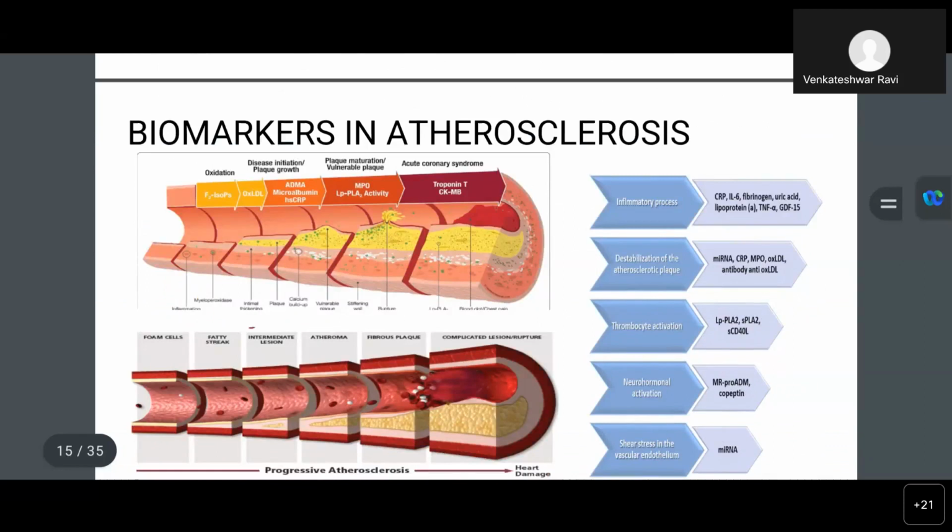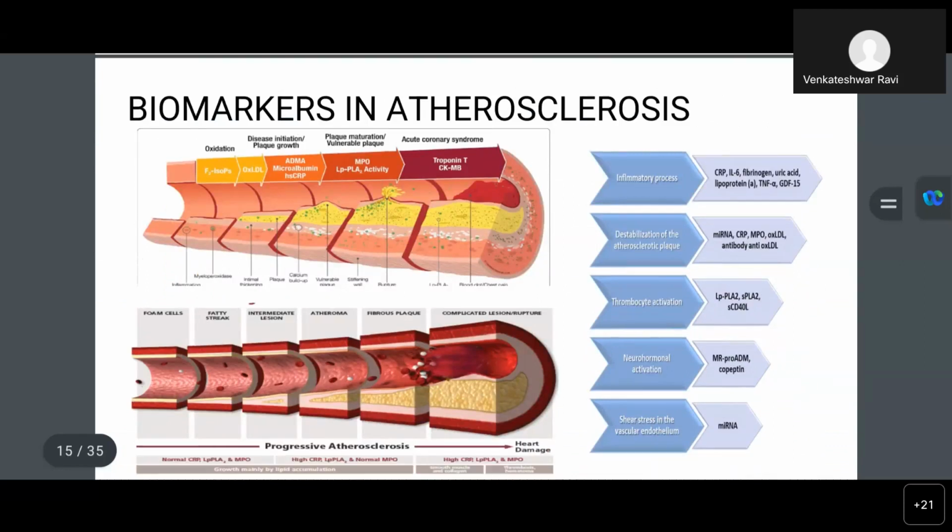Now there are certain biomarkers available which help in identification of atherosclerosis and its progression. We can see here that in foam cells, fatty streak, and intermediate lesions, there is a normal CRP level with normal Lp-PLA2 activity and MPO activity.